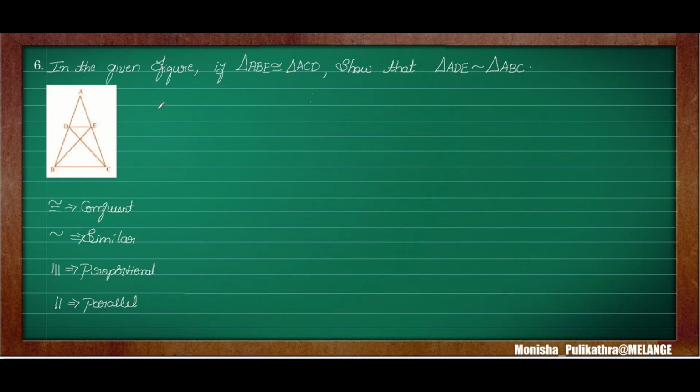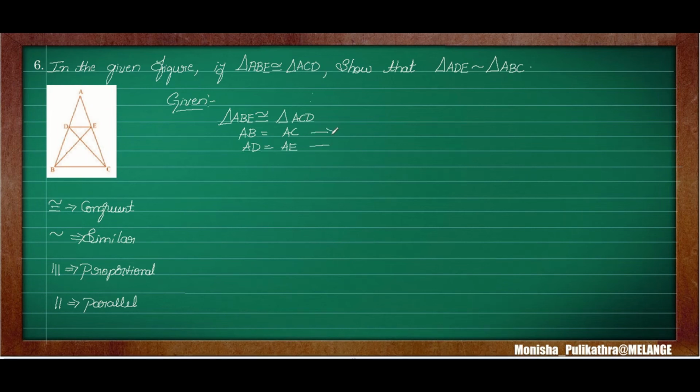In the question itself they have given triangle ABE is congruent to triangle ACD. So congruent means corresponding sides and angles will be equal. Therefore, since these two triangles are congruent, AB will be equal to AC and AD will be equal to AE.